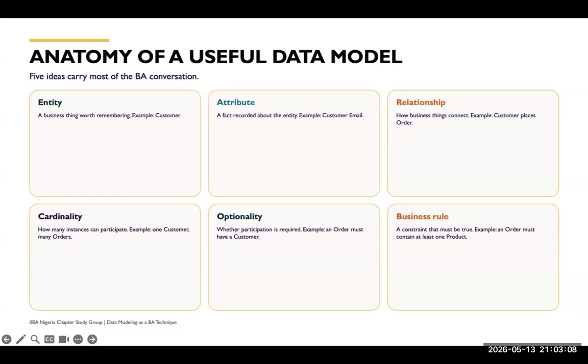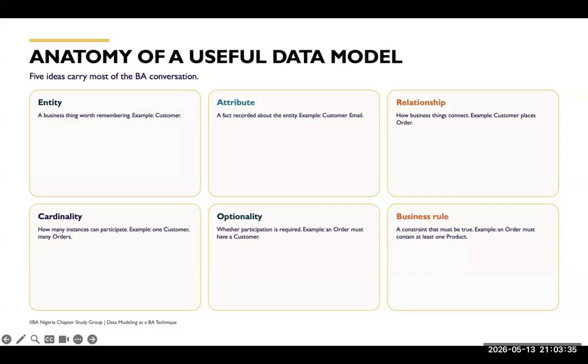They might want to check their blood sugar levels, and at the same time, they might want a scan, they might want an MRI. A patient, being the entity, can have multiple instances of an appointment, just like one customer here in this example can have many orders. That's what cardinality refers to in simple terms.